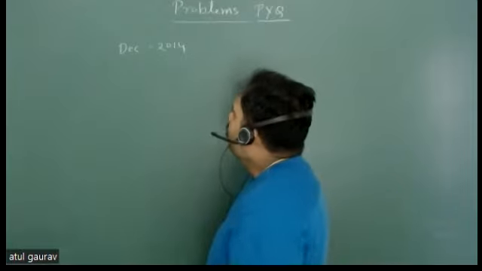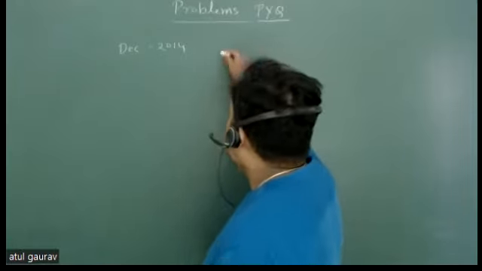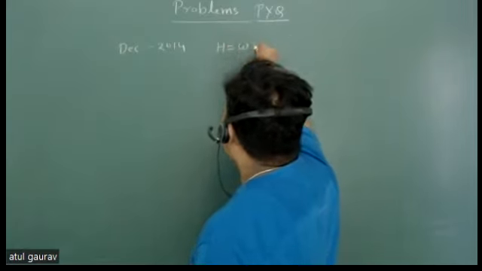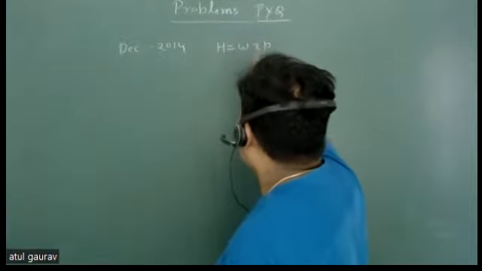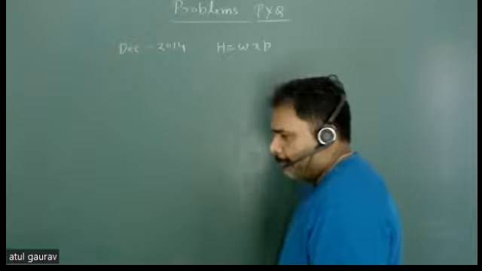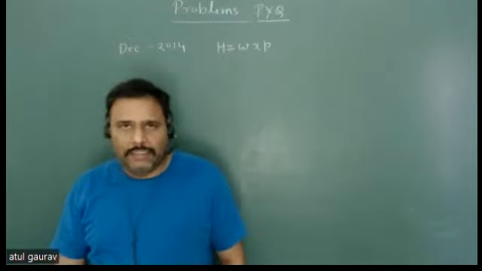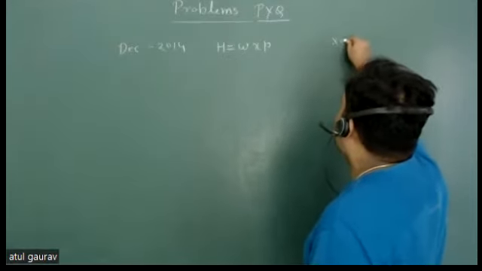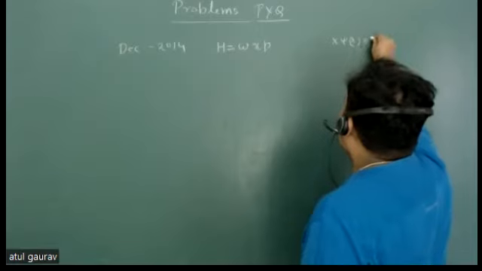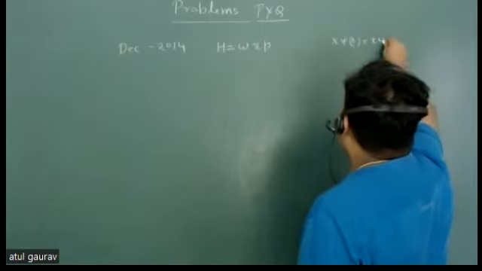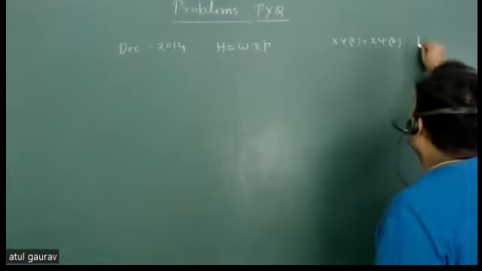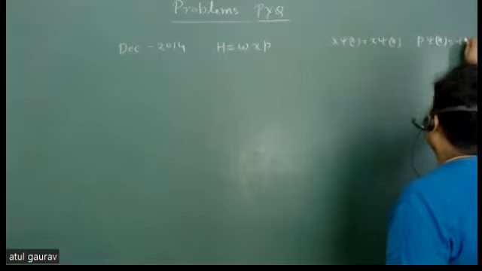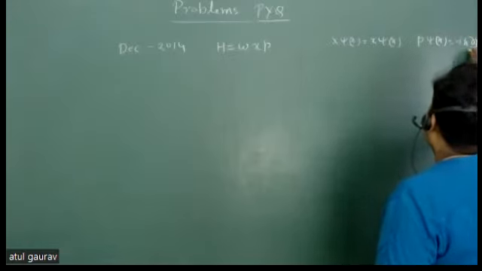So this question is that there is a classical Hamiltonian, omega xp, where x is position and p is momentum. It is also given that x is the position operator, so x operates on some psi(x) giving x psi(x), and p operates on psi(x), which is equivalent to minus i h-cut del psi upon del x.